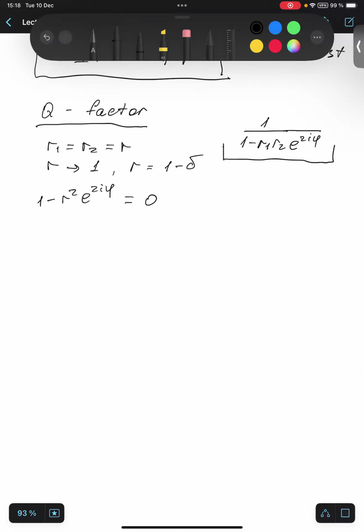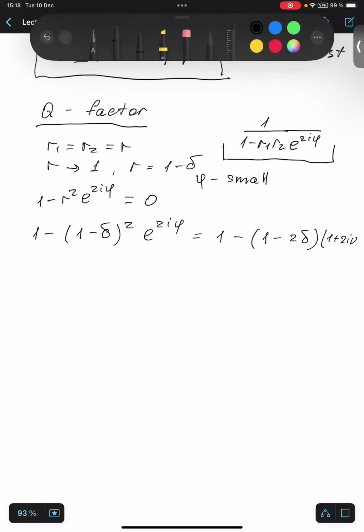So let's substitute: 1 minus delta squared e to the i phi. Again, we say here phi is also small. Let's expand it: 1 minus 2 delta, and delta squared we just neglect as a small parameter, times 1 plus i phi.